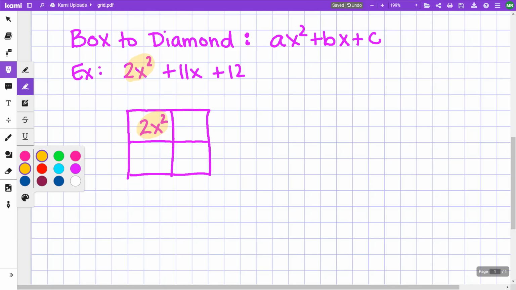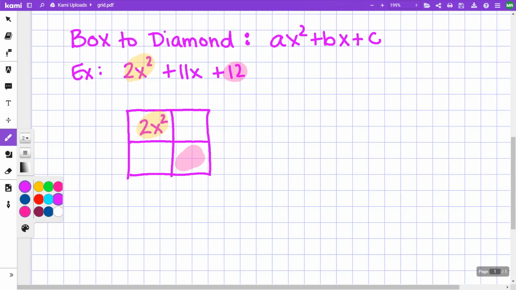Then I'm going to take my constant, this 12, and put it here, so I'm going to have a positive 12 here. When we do these problems, we saw this in Integrated 2, this multiplies to 24x squared. The pattern is also that this other diagonal also multiplies to 24x squared.